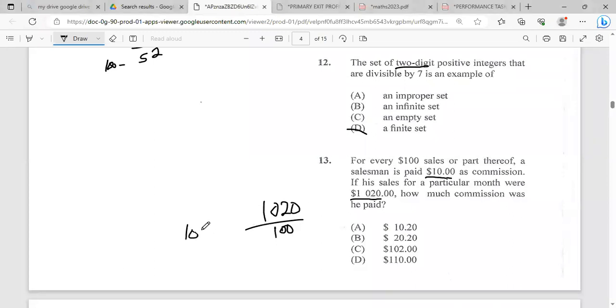So he's gonna be paid $10 times 10. So you get 100. However, they did say part thereof. So it doesn't matter how much, even if it's another part, we're gonna still get $10 for this $20. So it's gonna be plus 10. So our answer would be D.